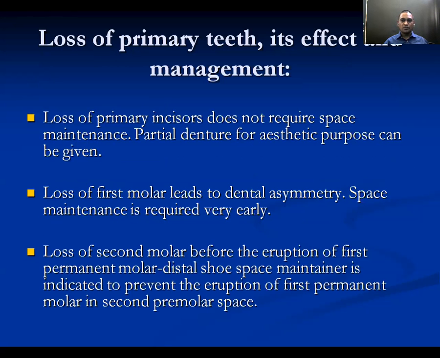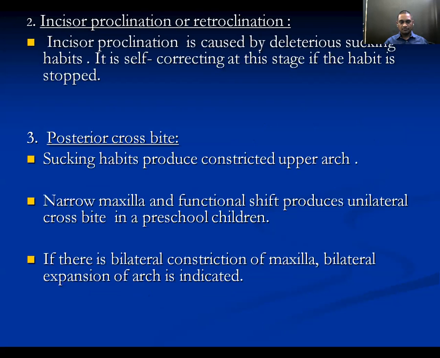In case of loss of primary teeth, if incisors are lost early, it is usually not required to do anything. If posterior teeth are exfoliated early, then we can go for space maintenance. Incisor proclination or retroclination is sometimes self-corrected, or it may be due to habits.